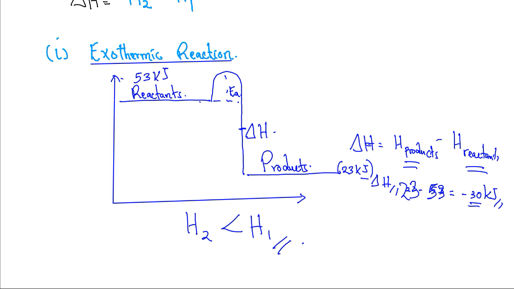H1 for the reactants, H2 for the products. So this is reaction path or progress. Then this is energy in kilojoule.